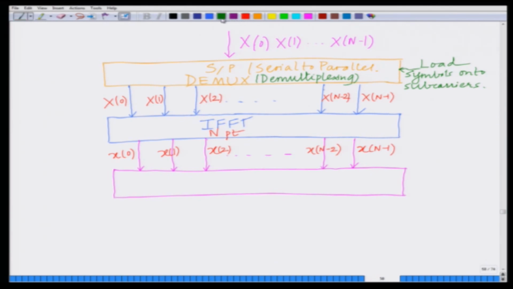These are the samples, or the transmit samples, correct? These are the transmit samples.